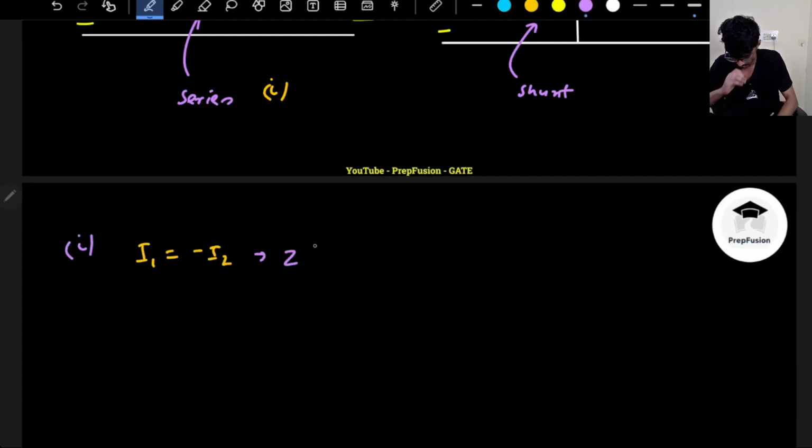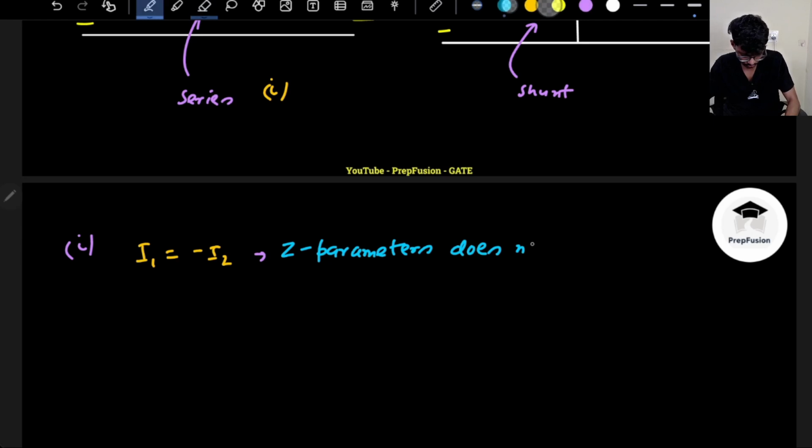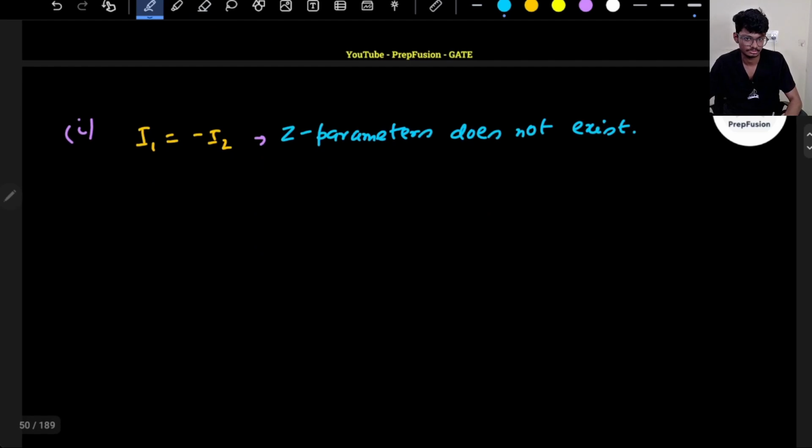Z parameters do not exist if I1 is a function of I2 or something like that.